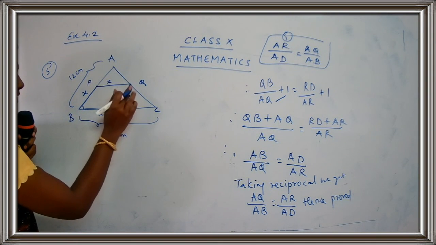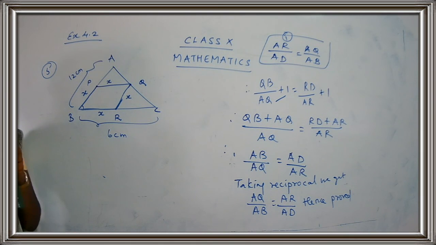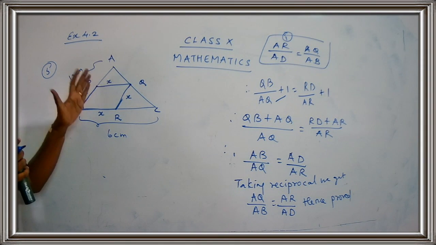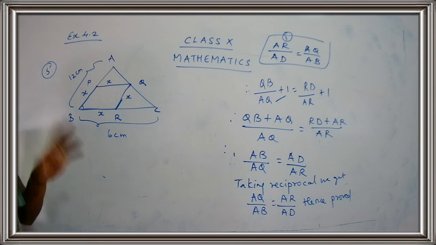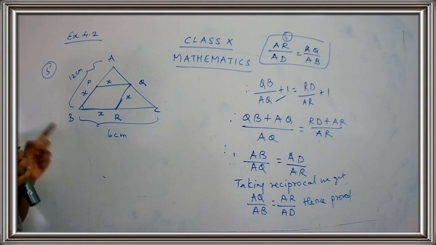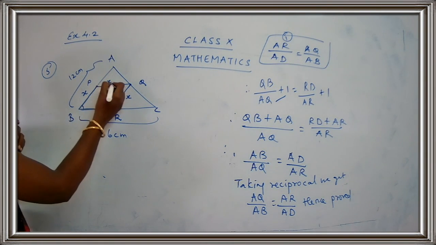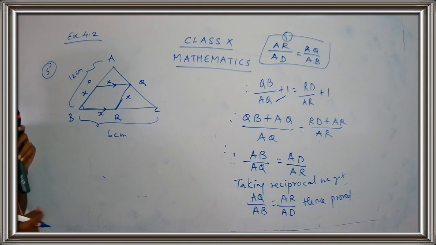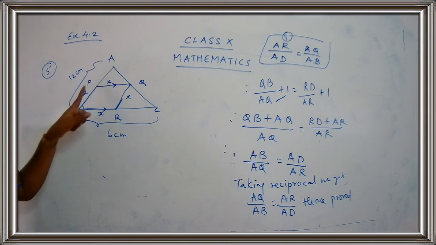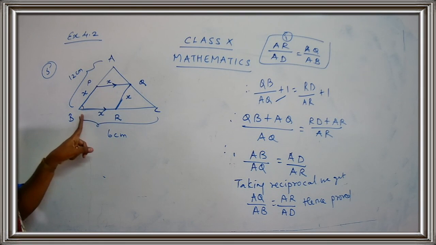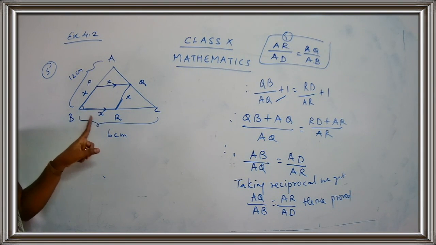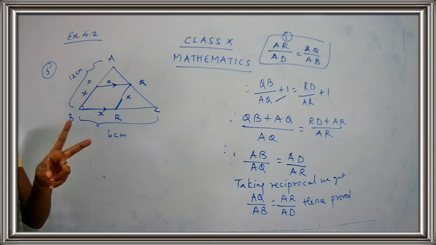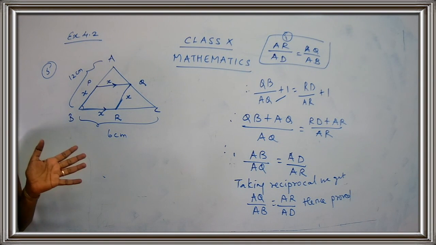So what is the first property we have applied here? All the sides of the rhombus are equal. So we have taken x, x, x, x for the sides of the rhombus. Now we have to apply one more property, which says the opposite sides of a rhombus are parallel. So I say that PQ is parallel to BR. And one more thing we have here. What is the next set of opposite sides?